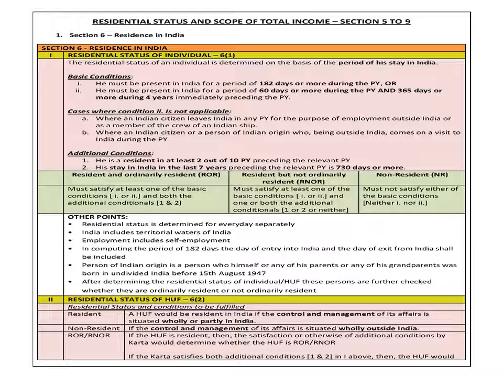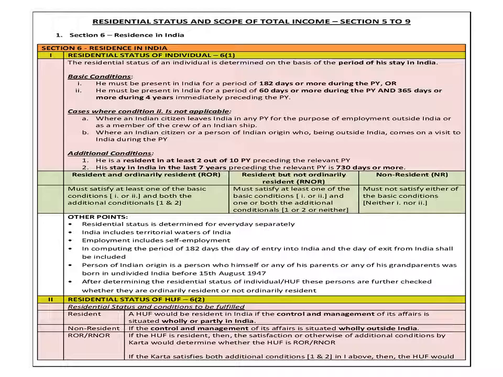There are two basic conditions; either one or two they must satisfy. And both the additional conditions must be satisfied. So if both of the additional conditions are satisfied and any one of the basic conditions is satisfied, then that person will be called resident and ordinarily resident.